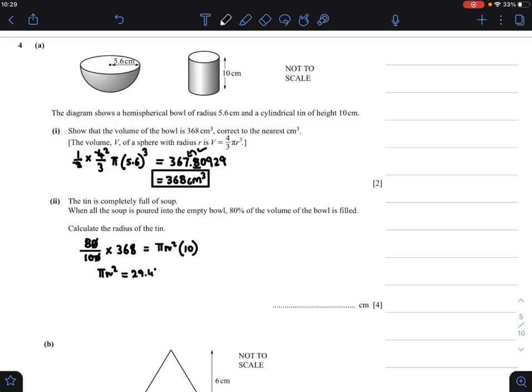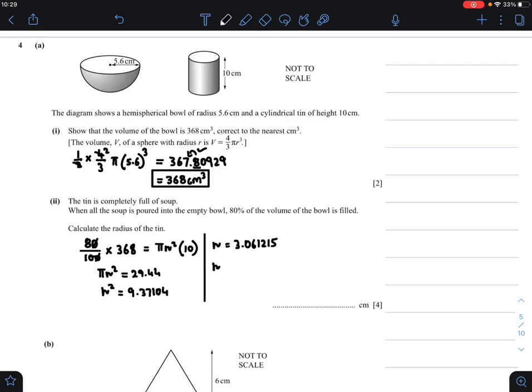29.44. Therefore r square is equal to 29.44 divided by pi, which is 9.37104, and therefore r is equal to square root of 9.37104. So square root of this is equal to 3.061215.